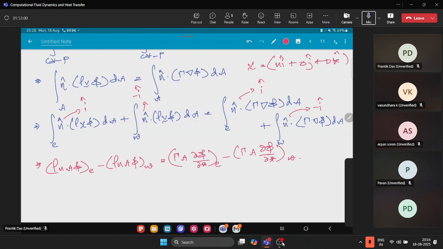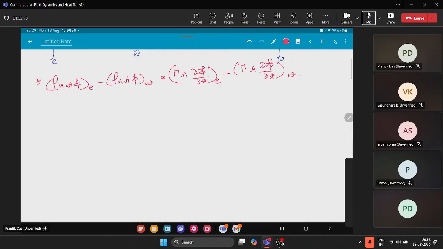So what you have to do is discretize the whole thing. For that I have to write the control volume once again. This one is your P control volume, this is your E control volume and this is your W control volume, and this one is small w and this one is small e.